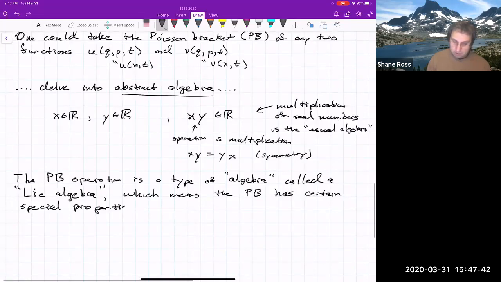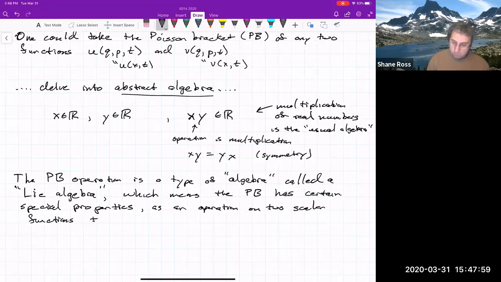And we're talking mathematical properties. As an operation on two scalar functions, it yields another scalar function, because we're working with scalar functions of phase space.